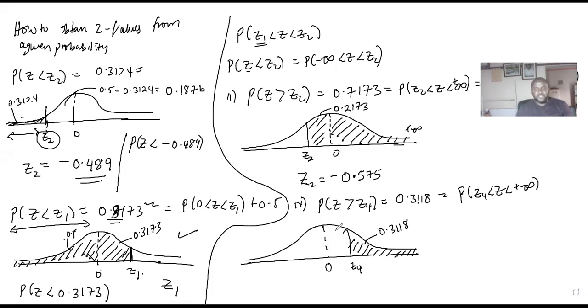When you subtract off 0.5, what is this value? 0.1882. So look for the Z value which gives you 0.1882.